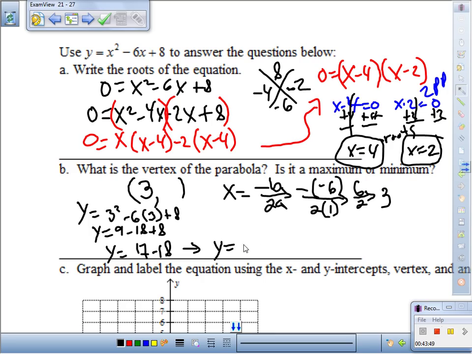So y is equal to negative 1. They want us to mention if it's a maximum or a minimum. Well, let's see. Look at the equation. Is this a happy face or a sad face? Happy face. So that means it's the lowest point. So this is the minimum.